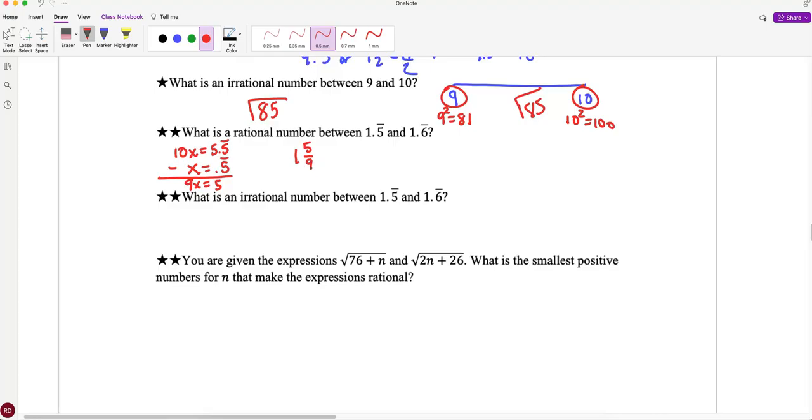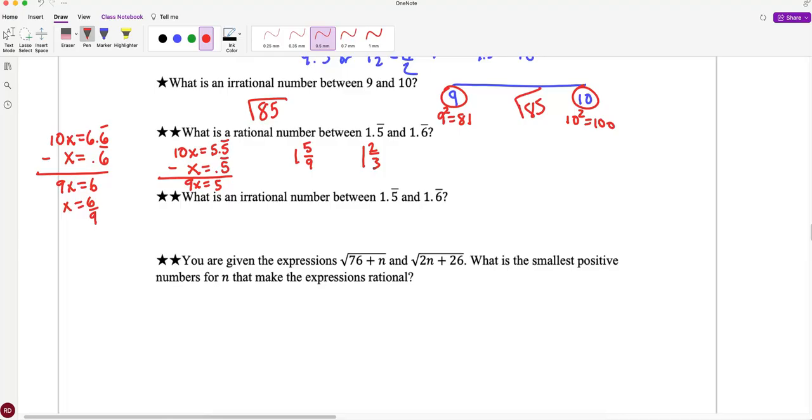And then 1.6 repeating. So if x equals 0.6 repeating, 10x equals 6.6 repeating, subtract, 9x equals 6, x equals 6/9. So this number is 1 2/3.